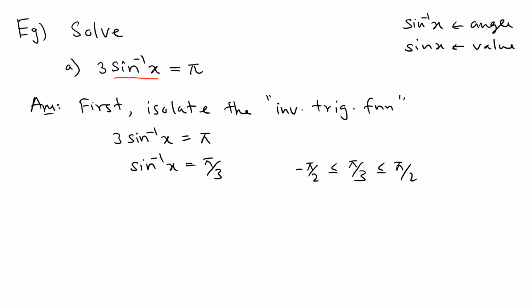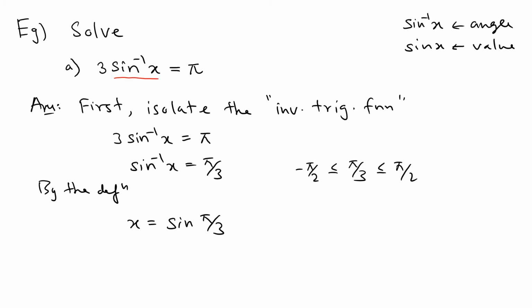So by the definition of the inverse function, this means that x equals sine pi over 3. So that's what it means. This is just the definition. So what we're going to do is take the sine of both sides.